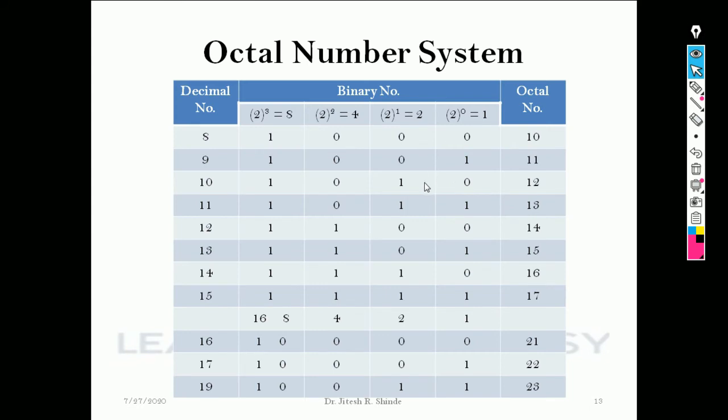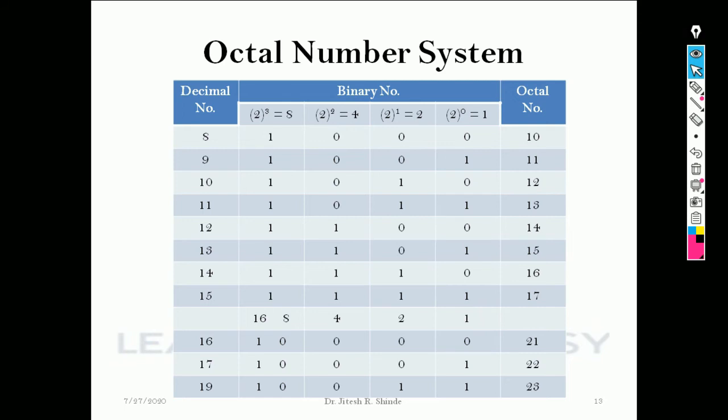Okay, moving further. This is the extended version of the previous table. After 7, what comes? After 7, the digits coming are 10, 11, 12, 13, 14, 15, 16, 17. After 17, what will come? It will be 20, 21, 22, 23, 24, 25, 26, 27. After 27, what will come in octal? 30, 31, 32, 33, 34, 35, 36, 37.